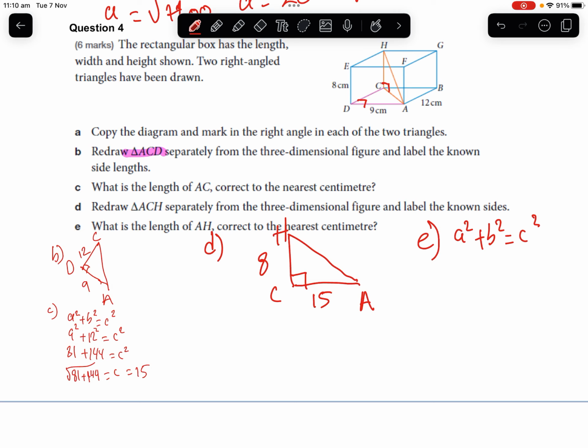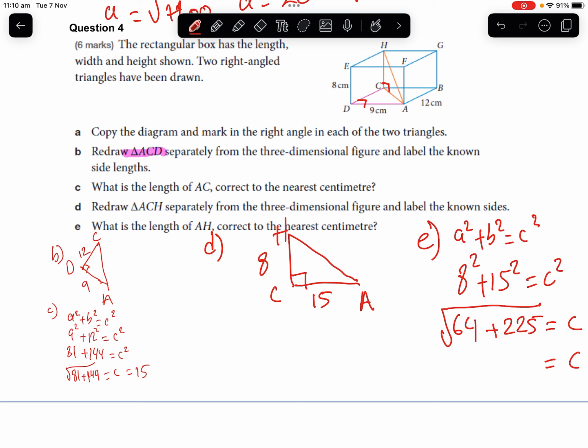Let A be 8, 8 squared, B is 15, and that's equal to C squared. 8 squared is 64, 15 squared is 225, and let's take the square root, so we have C by itself. C is equal to 17 centimeters.